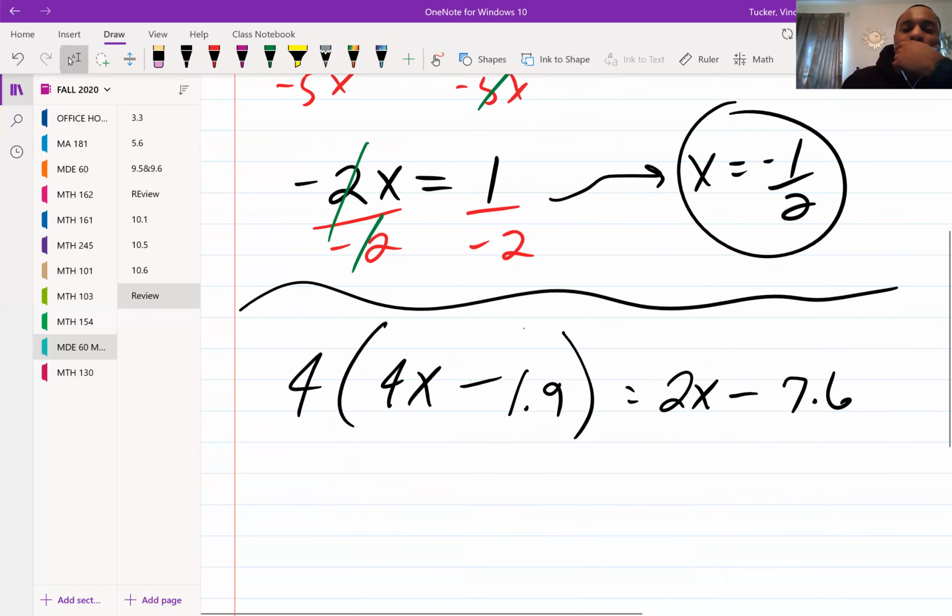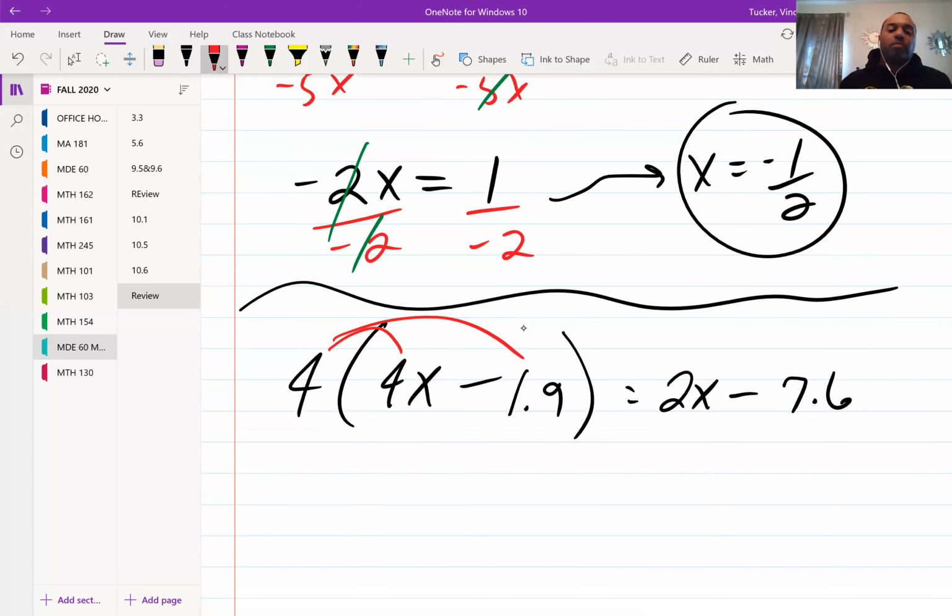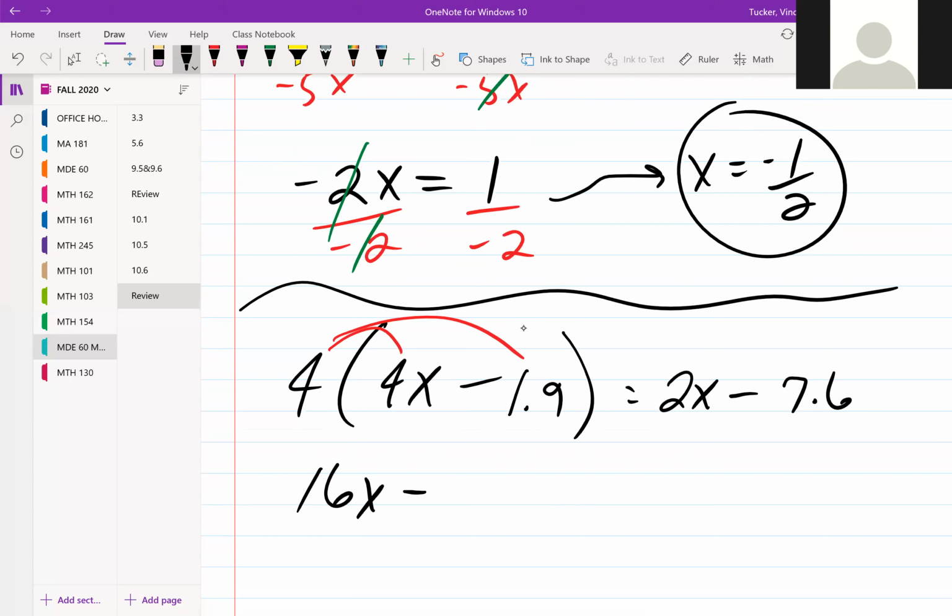All right. So first thing I would do is distribute the 4 into the parentheses because you want access to that x term. Equals 16x minus 7.6 equals 2x minus 7.6.